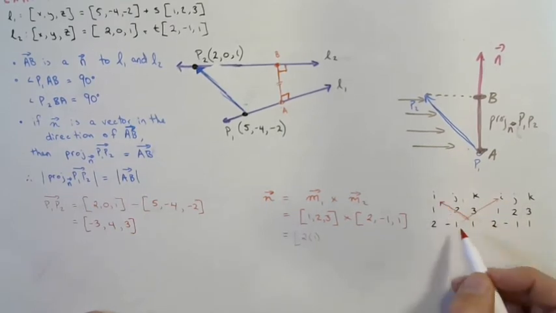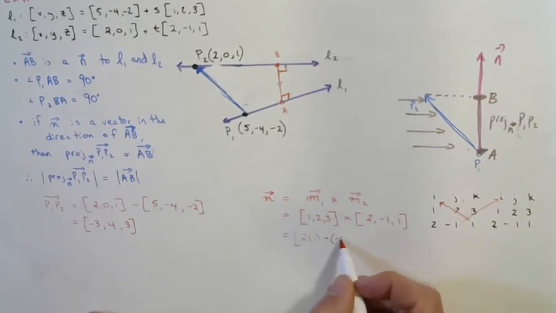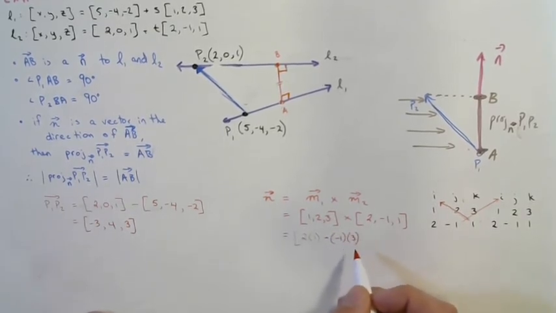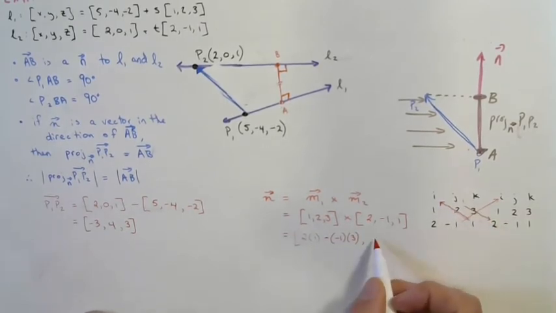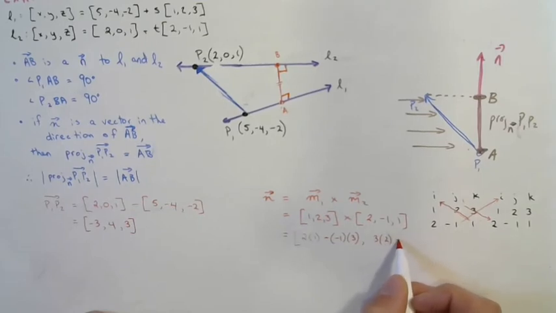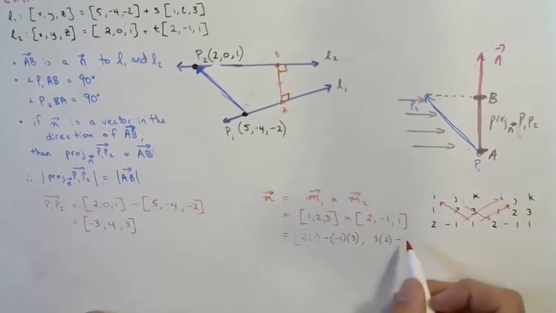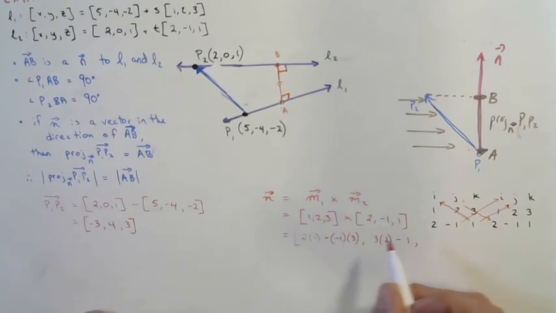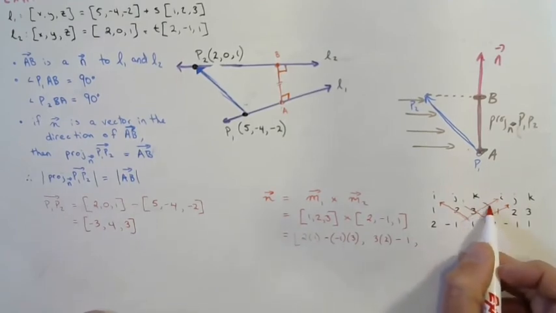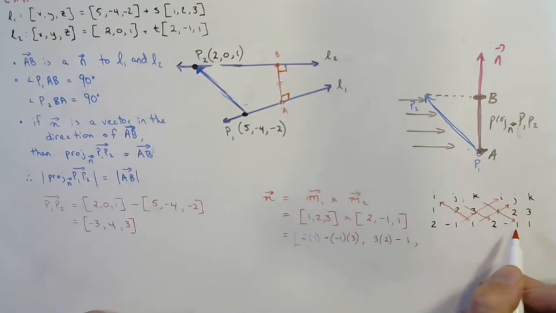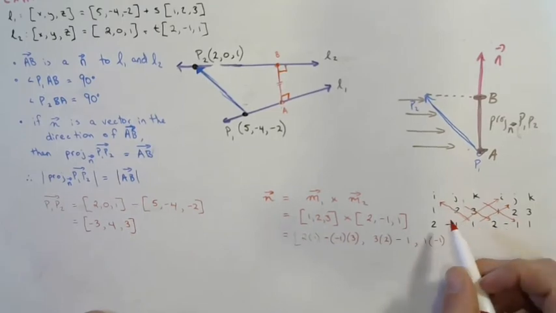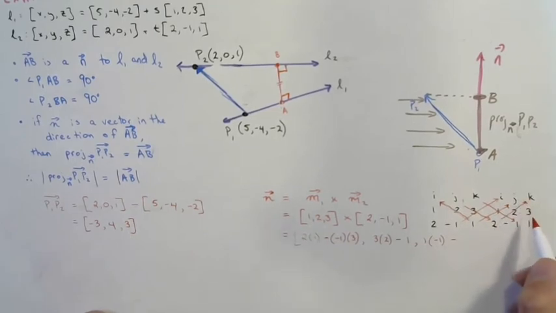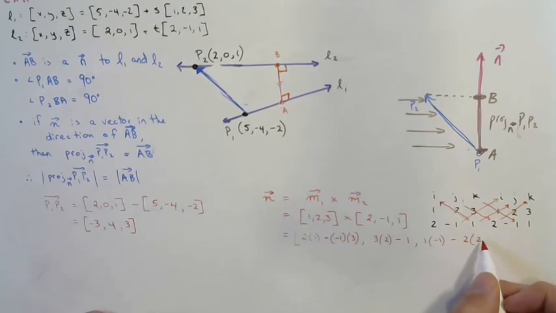You should square up your drawing. For j, we have 3 times 2, minus 1 times 1. And for k, we have 1 times negative 1, minus 2 times 2.